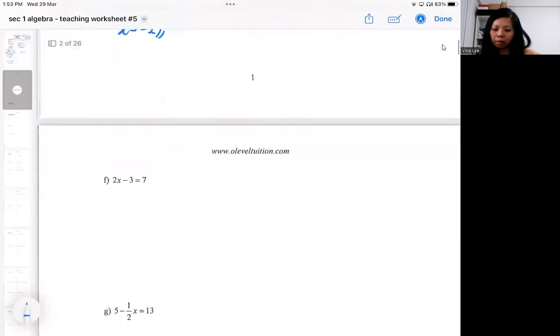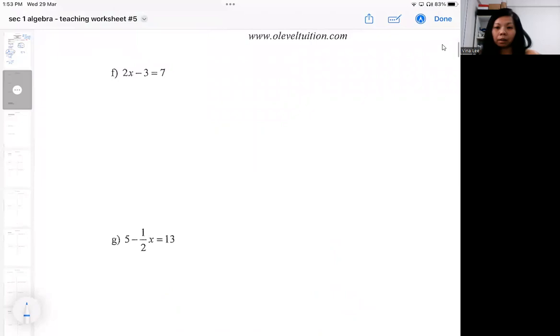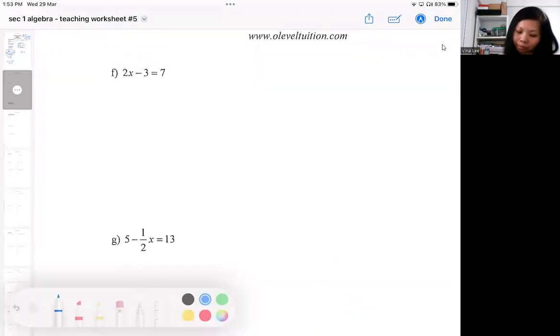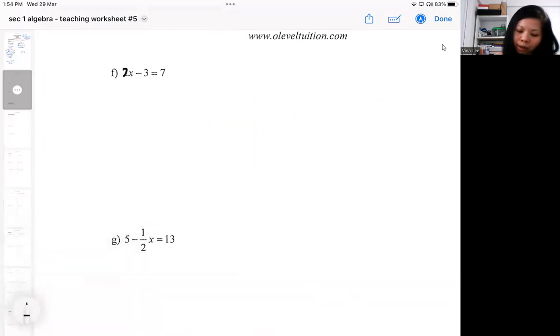But when it comes to a bit more complex, what happens? Like this one. Remember, you want 1x, but here you got 2x, and the 2x still comes with a minus 3.